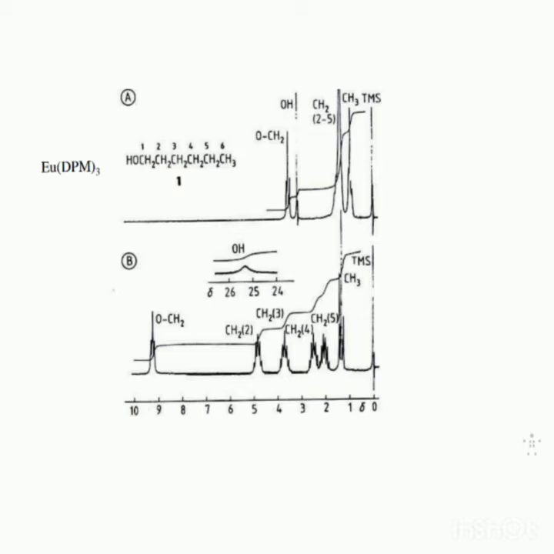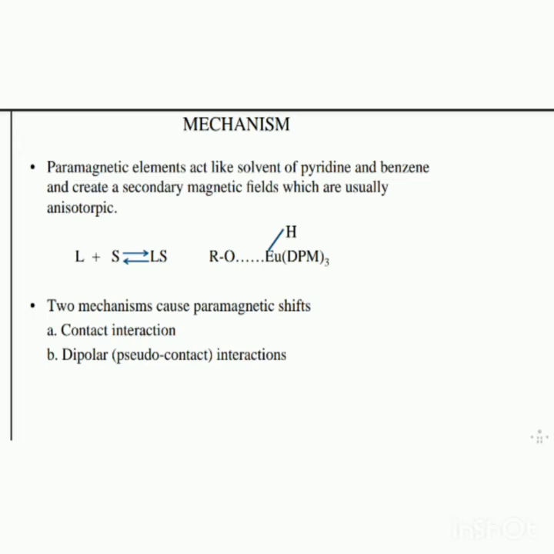At the same time, every one of you may be curious about the mechanism of this splitting. We can classify the mechanism: paramagnetic elements act like solvents such as pyridine and benzene and create a secondary magnetic field which is usually anisotropic.